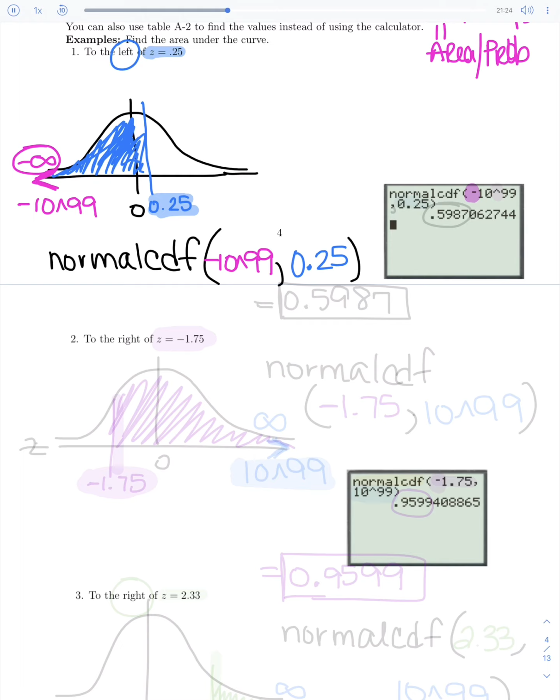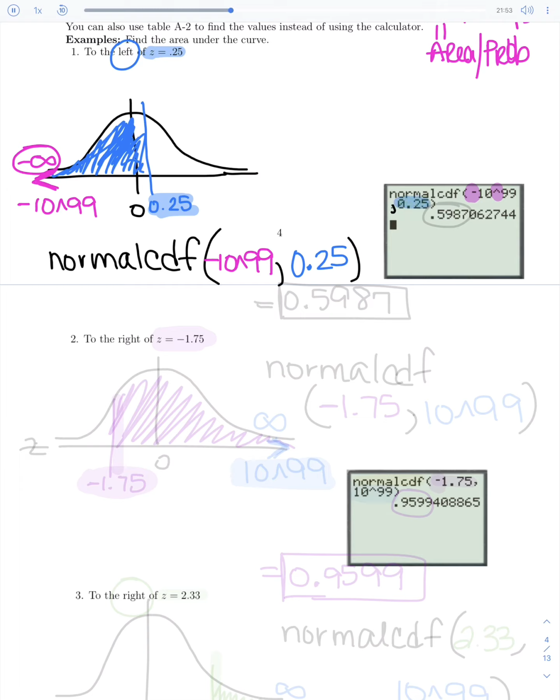They are not the same on the TI calculators. The negative key is towards the bottom of the calculator. It's not anywhere near the minus key, and it looks like a smaller negative sign that's a little bit higher up. And then you take your 10 and raise it to the 99th power, and then you have your comma, and then you're stopping your graph at your other value, your 0.25.